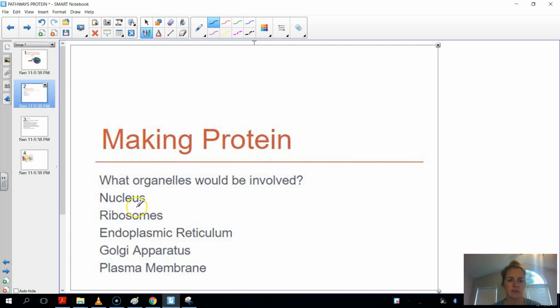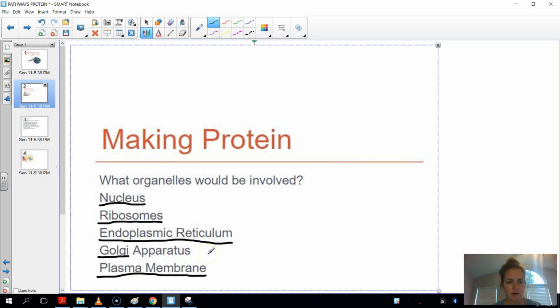So to make a protein in a eukaryotic cell, the nucleus is involved, the ribosomes, the ER, remember there's a smooth and a rough, the Golgi, and the plasma membrane. Okay, so these cell parts are all responsible for the manufacturing of protein.